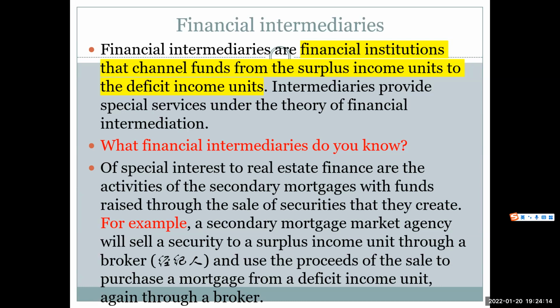Okay. Any other forms of intermediation? I think the simplest one should be the private bank, right? For example, I have some money, surplus income, I will deposit in the bank, and also the bank can use the money to provide loans and mortgages to other people who need money.